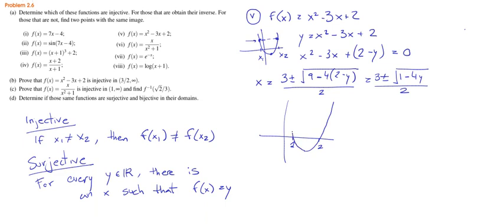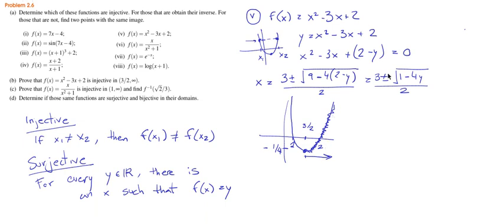This is 3/2, the minimum of the parabola, and this is minus 1 over 4. So what the question is saying is that if we choose from 3/2 onwards, from x equal 3/2 to infinity, the function will be injective.